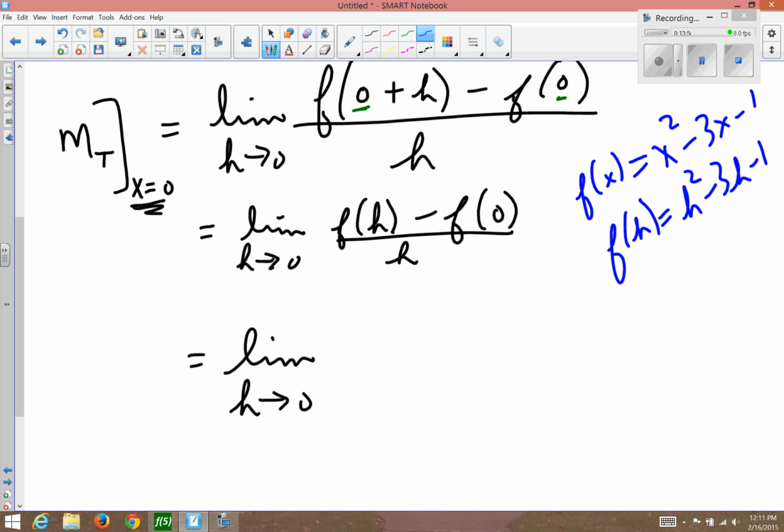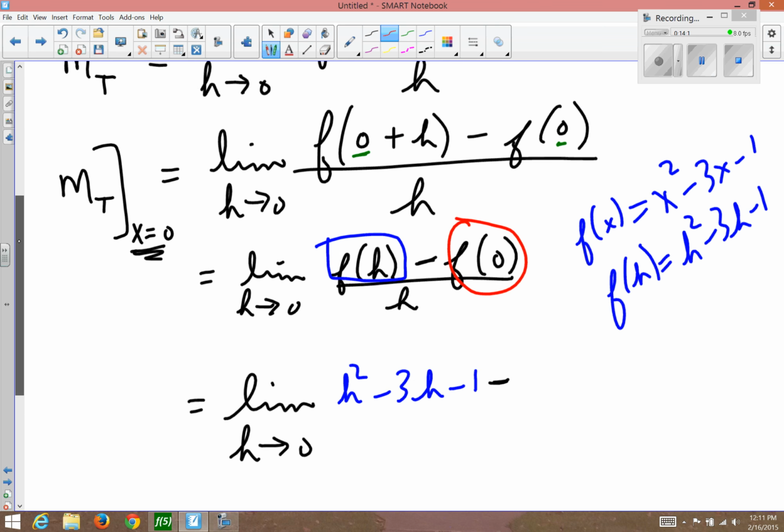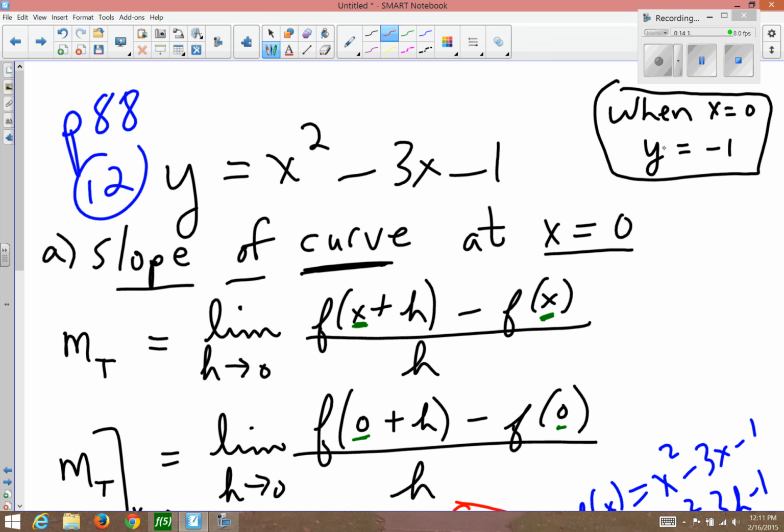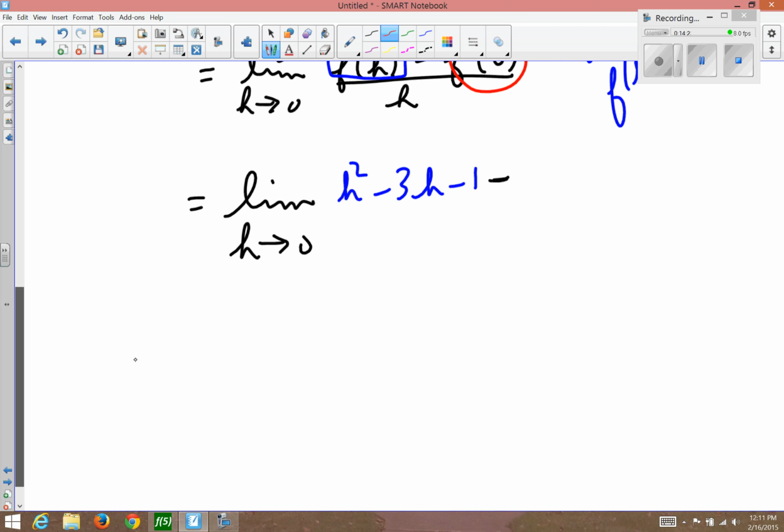Where it says f of h, I'm going to write h squared minus 3h minus 1. Where it says minus, I write minus. Where it says f of 0, I believe we calculated that a couple minutes ago, f of 0 is negative 1. 0 squared minus 3 times 0 minus 1. All over h.